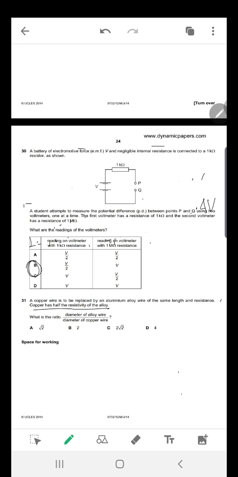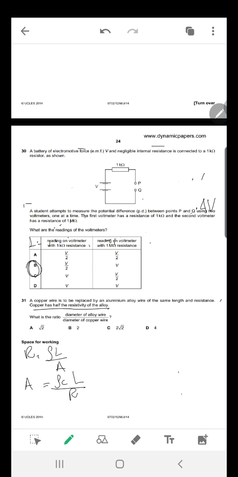We know that the resistance of a wire is equal to rho L over A. The cross-sectional area, if you take A over here, let's label it like this for copper.